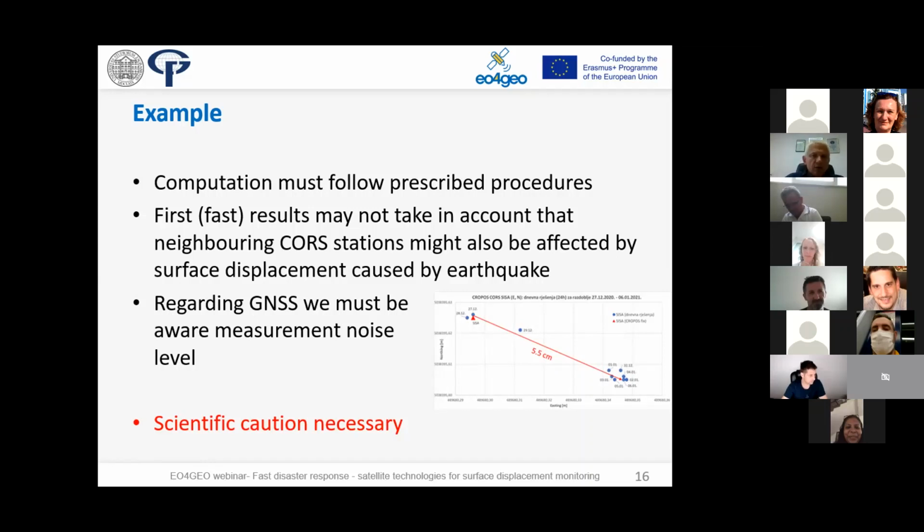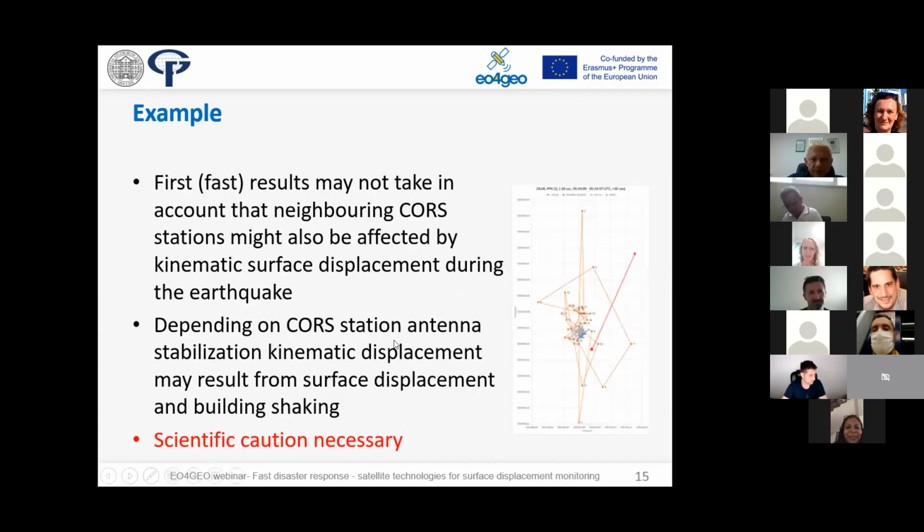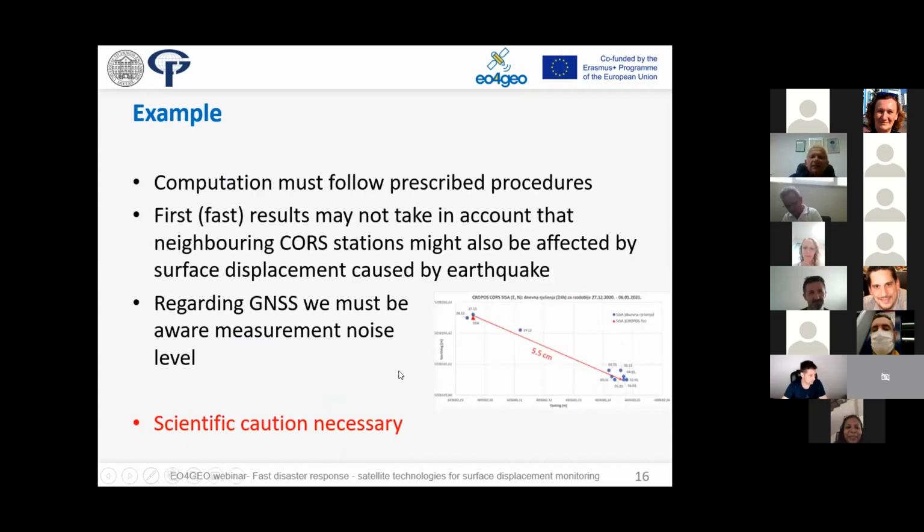But also in both cases here, so in kinematic surface displacement and in static or permanent surface displacement, we should be aware that GNSS technology has a certain level of measurement noise.